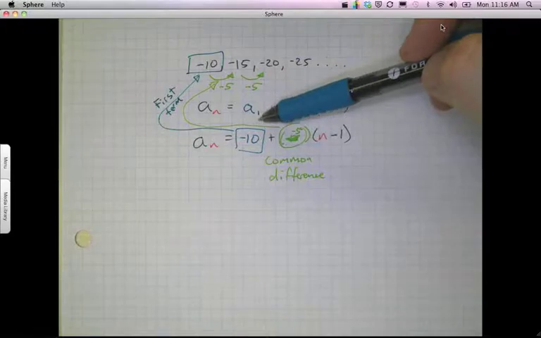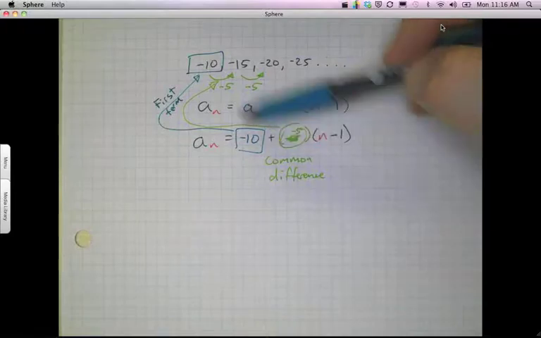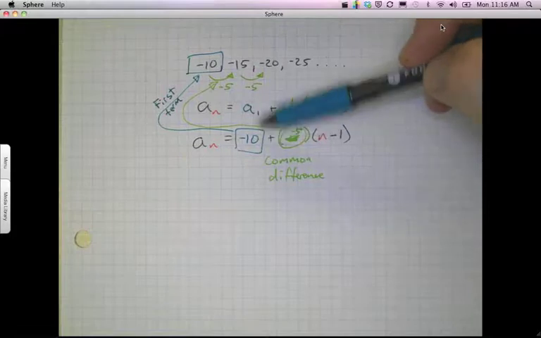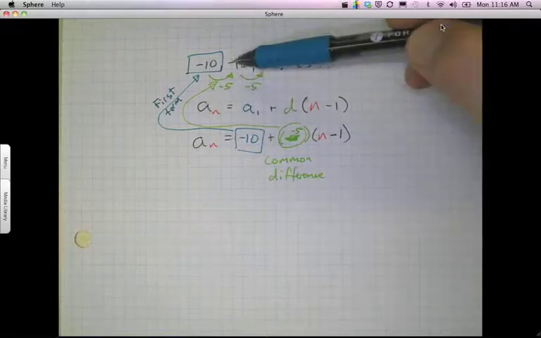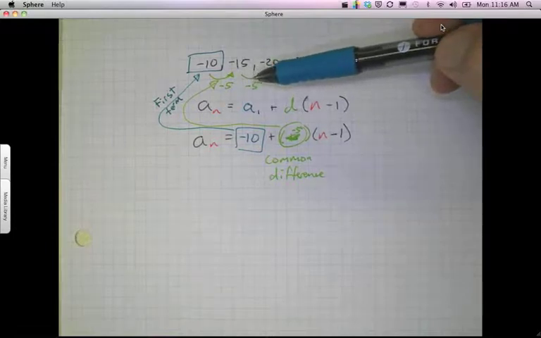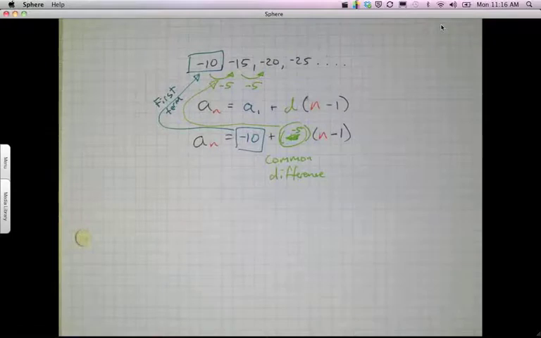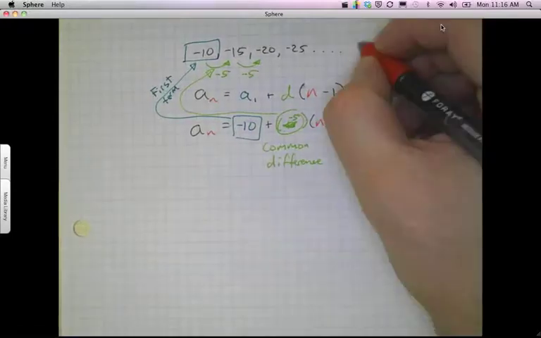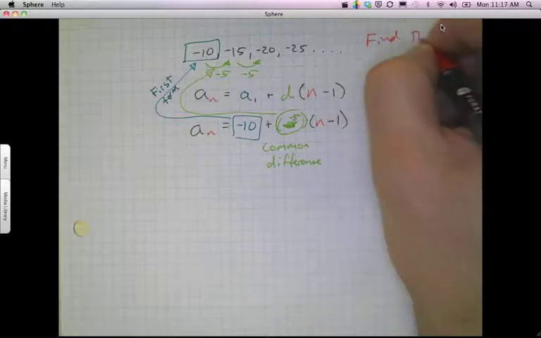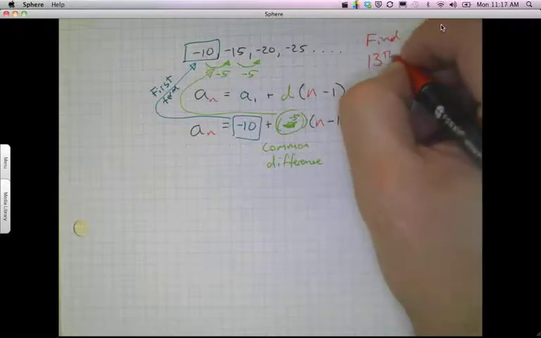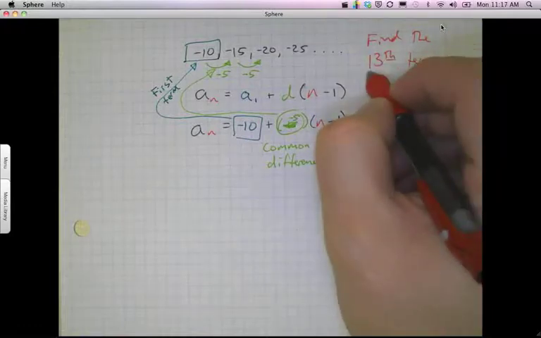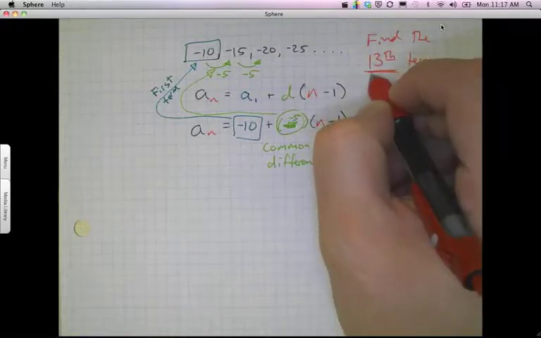That's what A sub 1 is. So that connection, that arrow that draws your mind from this equation to that part of my sequence, is exactly what you need to be doing for A1.3.B. And n in this case is my general term number. So if my question said find the 13th term, then this 13 would go in and replace my n.